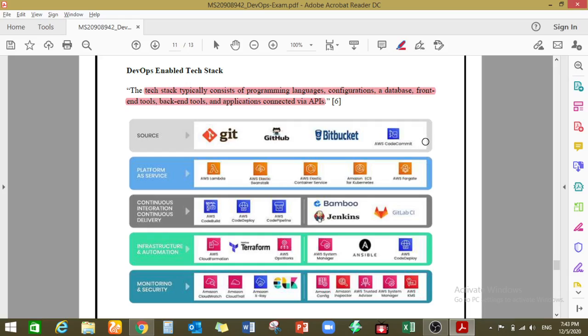The tech stacks typically consist of the programming languages, configuration, a database, front-end tools, back-end tools, and applications connected via APIs. When there is continuous integration, continuous delivery, and monitoring and security, these all are for the cloud environment.